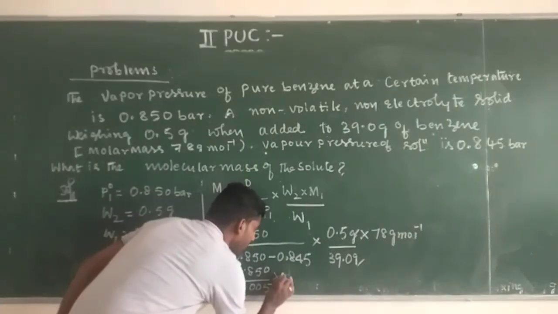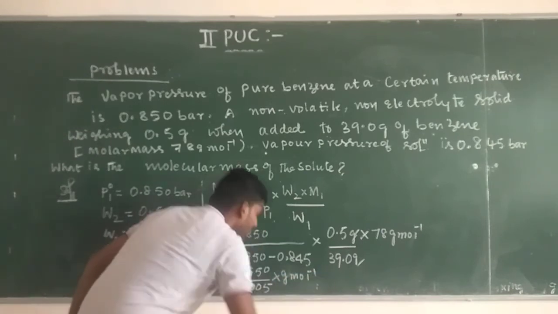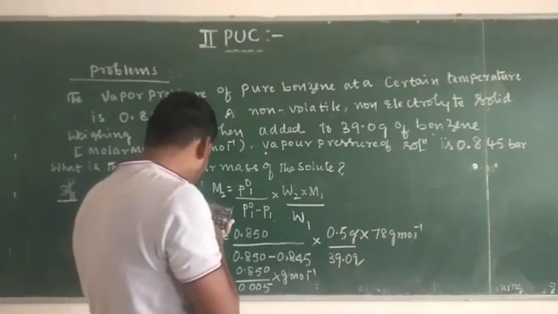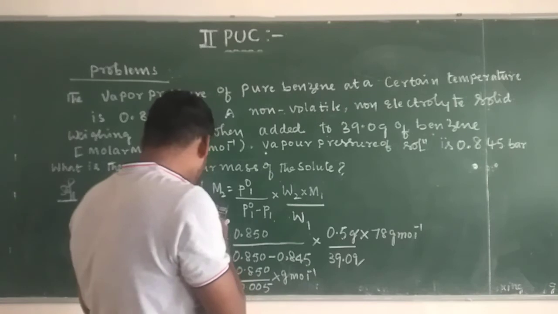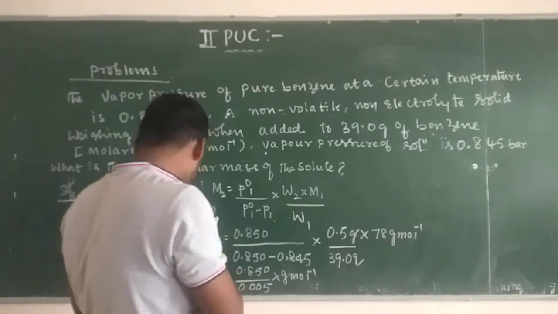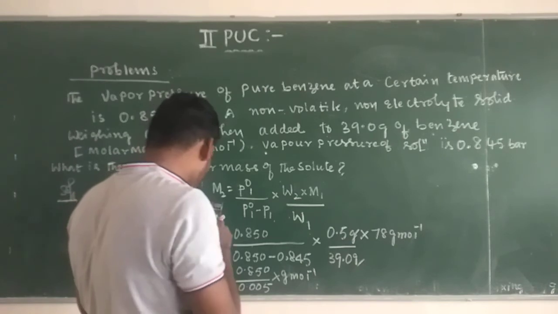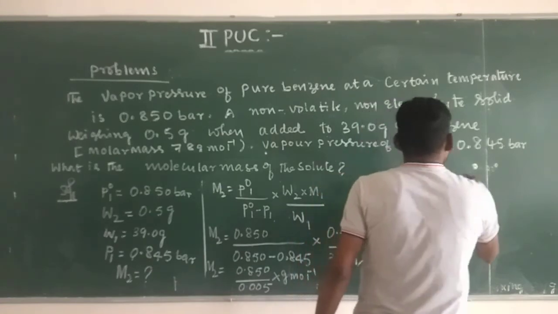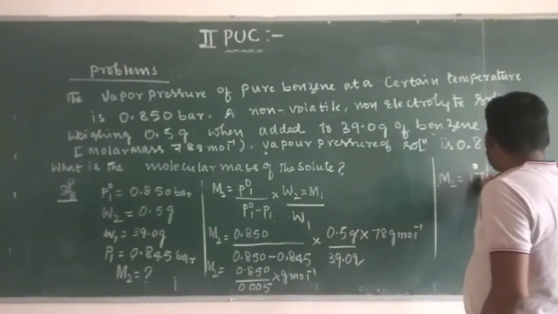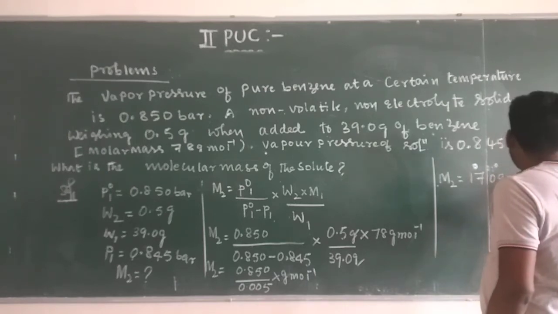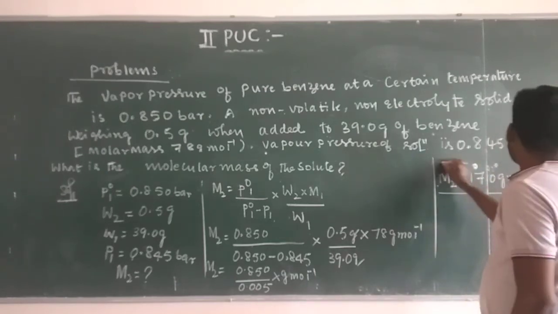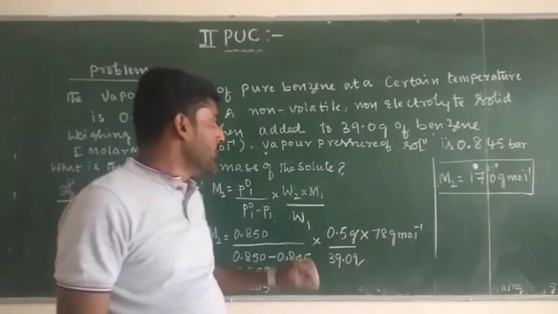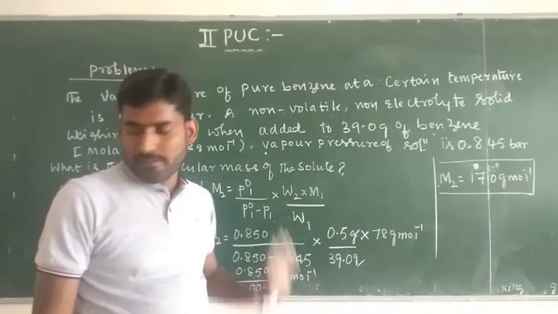Then 0.850 divided by 0.005, so finally you will get M2 is equal to 170 gram per mole. So 170 gram per mole is the molecular mass of the solute.